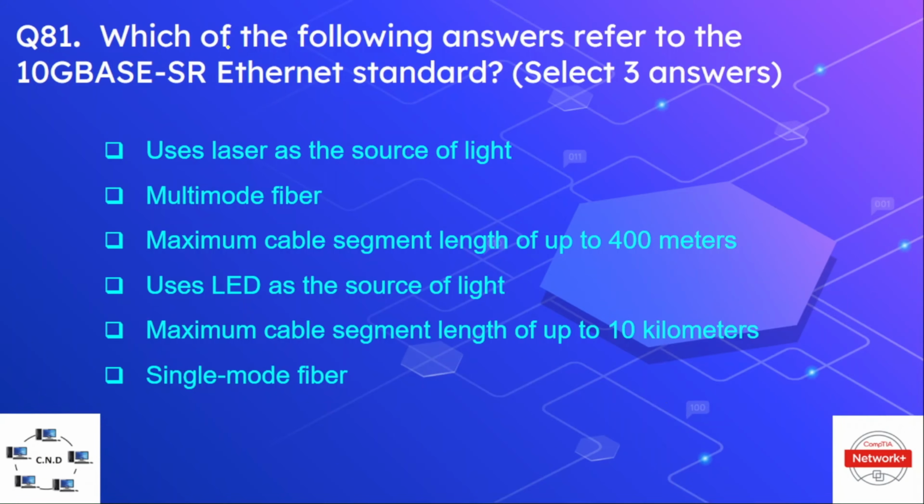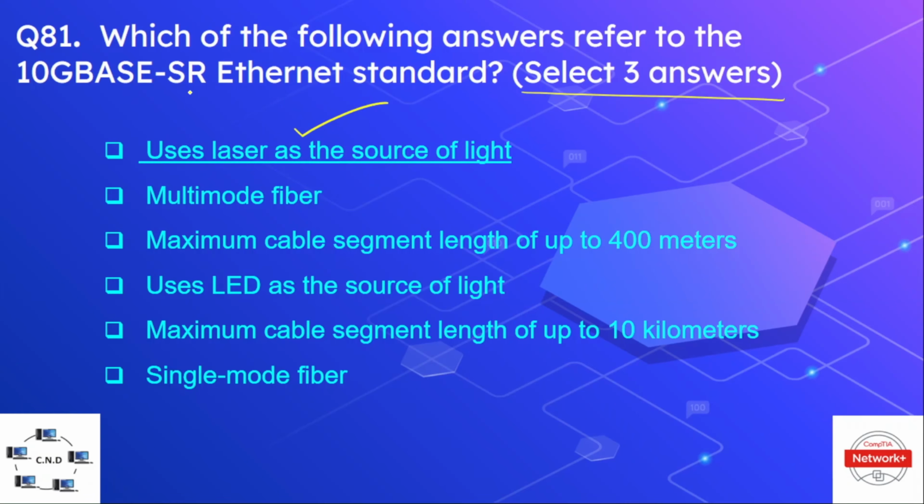Question number 81 is: which of the following answers refer to the 10GBASE-SR Ethernet standard? And again we have to select three answers, and the correct options are that the 10GBASE-SR uses laser as the source of light.